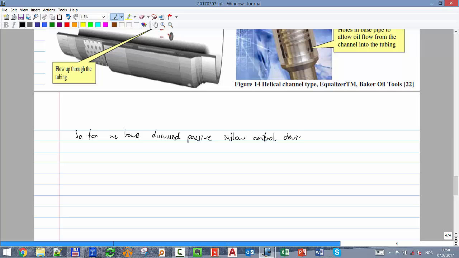But we also have active inflow control devices, and they are usually called ICV, inflow control valve.